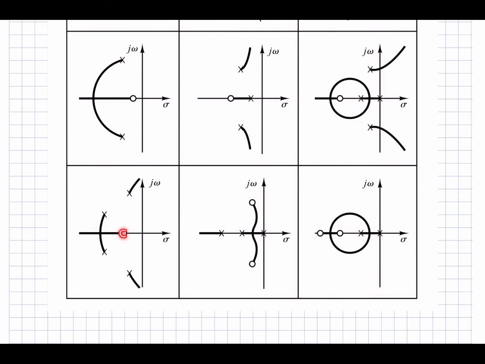And for this one, 1 zero over here, this pole will be moving towards this zero, and this pole will be moving towards infinity, this pole like this, and so on. So if you have two poles over here breaking away from here, moving toward this zero, this pole will be moving towards the zero which is sitting at the infinity.